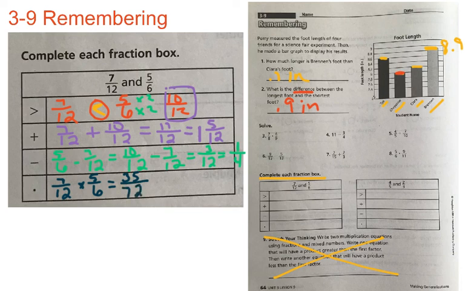So 35 over 72. And there's your fraction box completed from the comparison, addition, subtraction, and multiplication. And you can go ahead and complete the comparison fraction box, which is 4/5 and 2/3, on your own. When you finish your work today, please take a picture, upload it in Teams, and turn it in. Thank you.